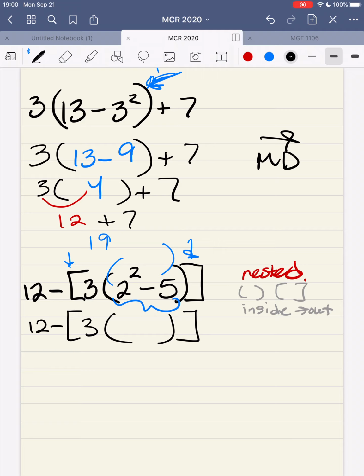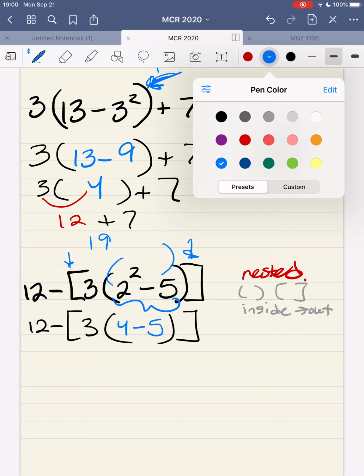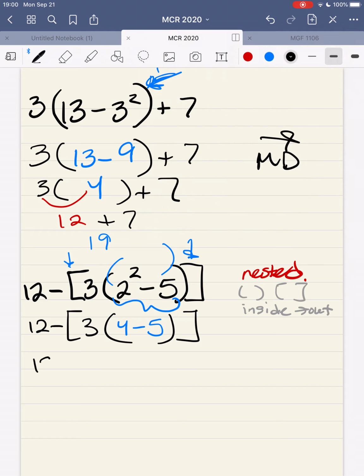What we have to do is work within the parentheses. Okay, so inside the parentheses I have 2 squared, which is 4, and then a minus 5. Continuing this through, I still have the 12 minus, and I'm not doing anything different.